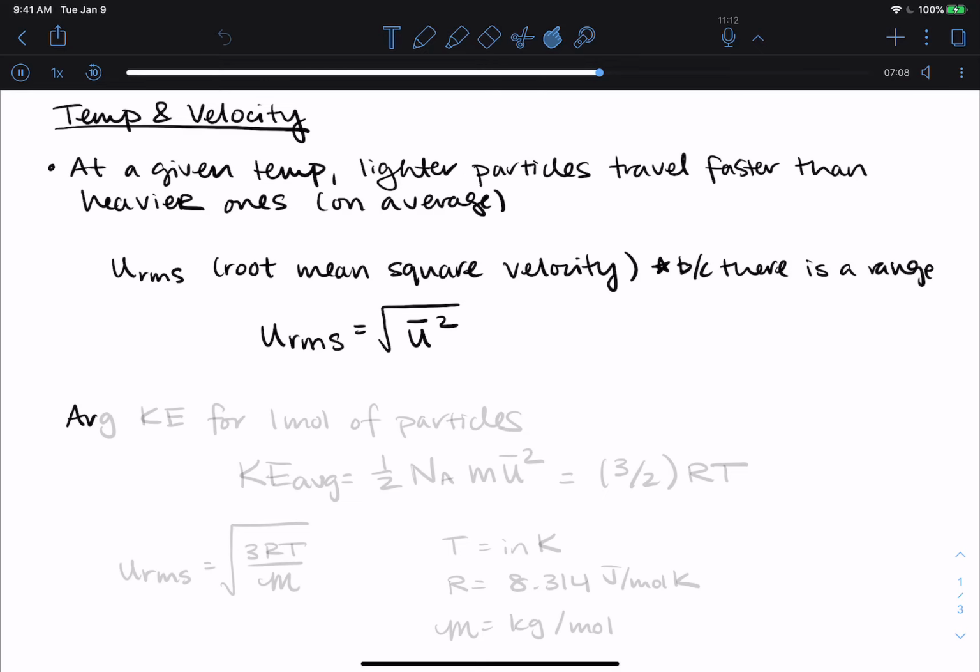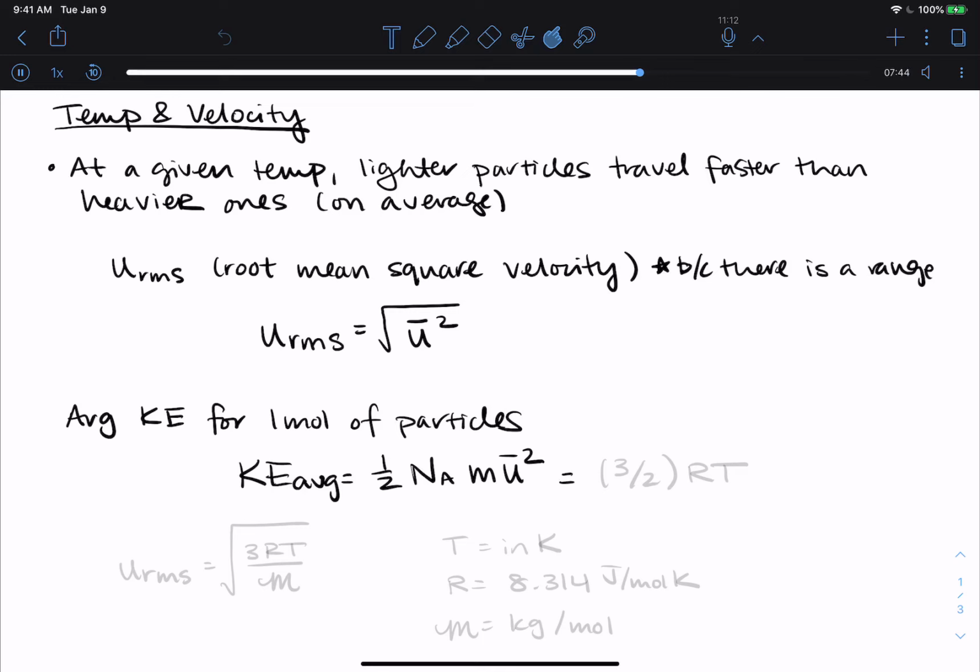So the average kinetic energy for 1 mole of particles, KE average, is equal to 1/2 times Avogadro's number, because there's a mole of particles, times the mass, times the root mean square velocity squared.